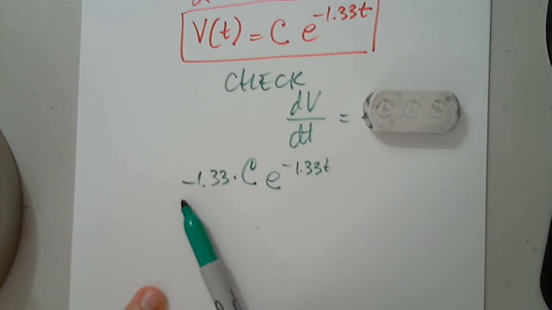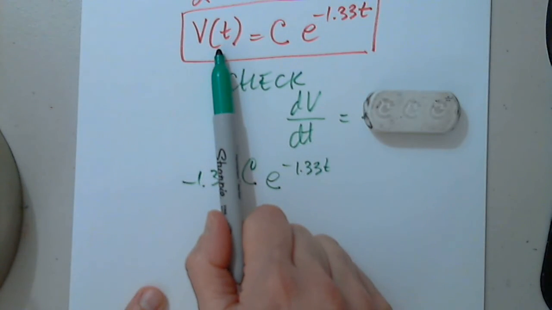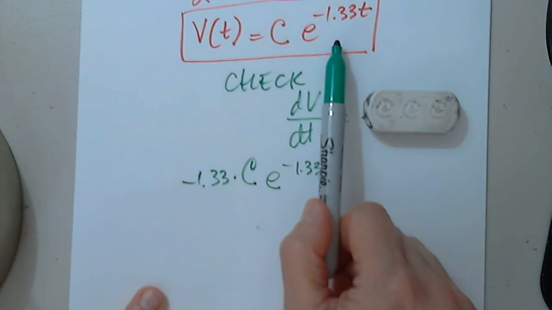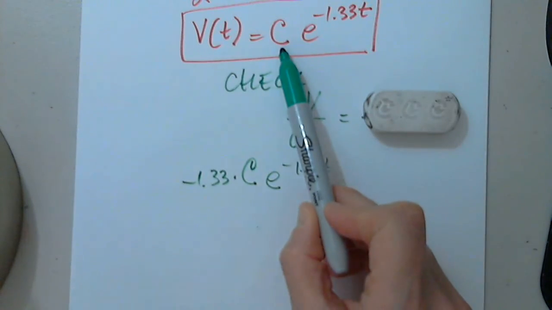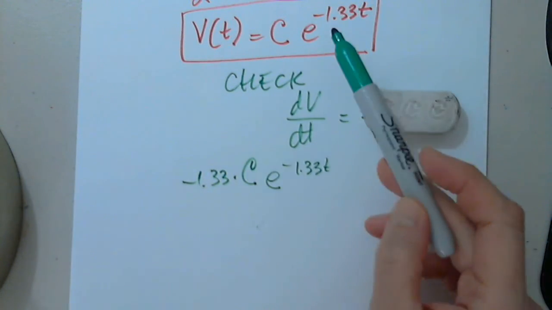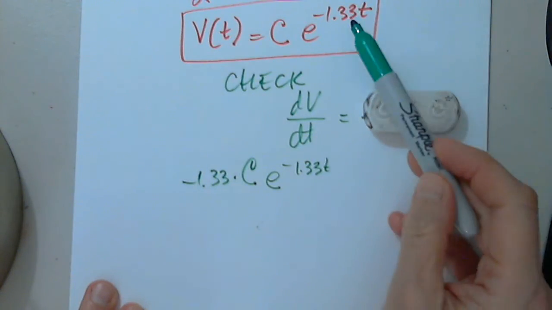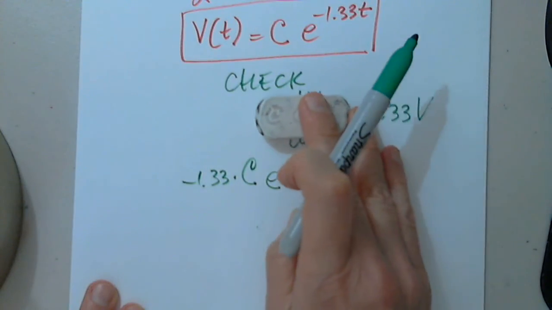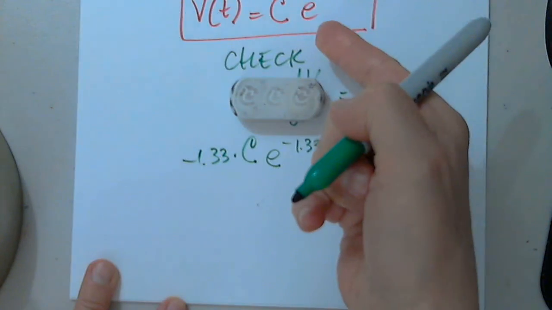The left-hand side is negative 1.33. I'm differentiating this with respect to t. The constant stays in front. I differentiate e to a function times the function prime. And now let's see what we have on this side. This is negative 1.33 times v.